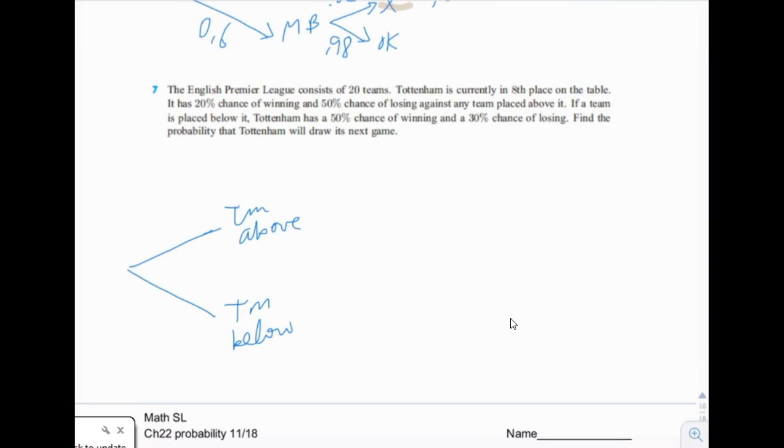It doesn't say what the probability is. Oh, I see. Interesting, this is kind of tricky. What's the probability that it's going to get a team that's placed above on the table?